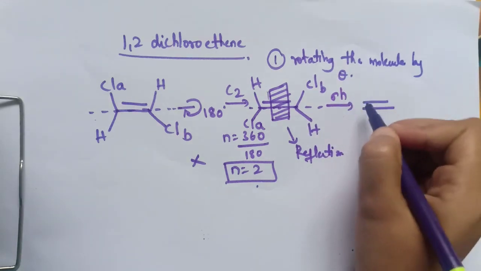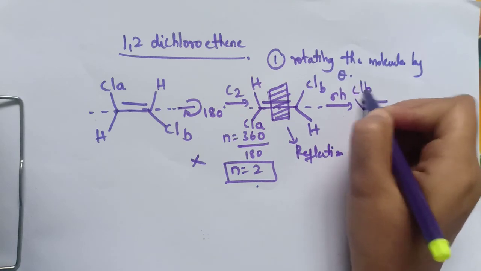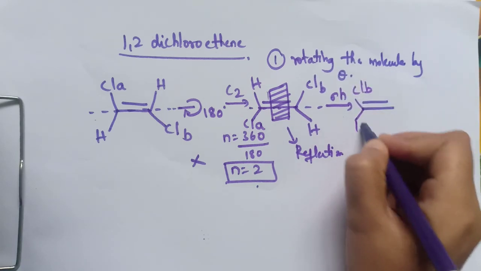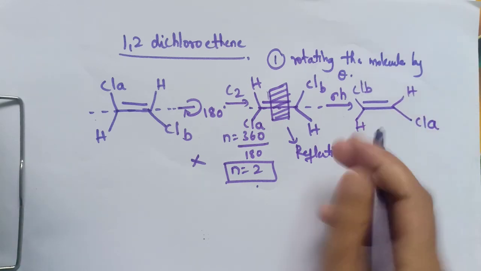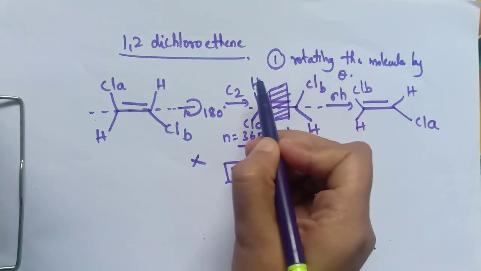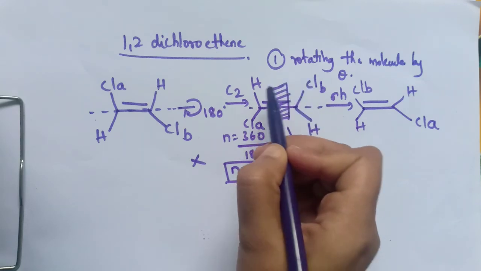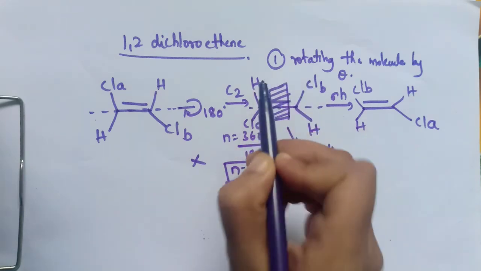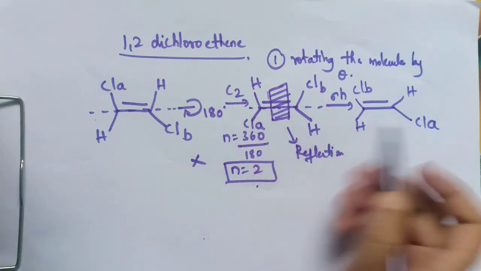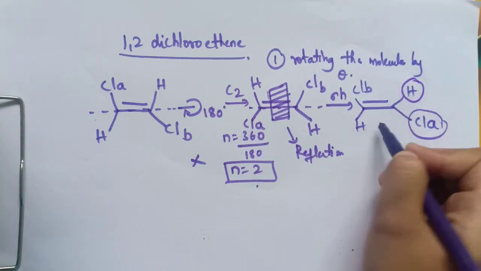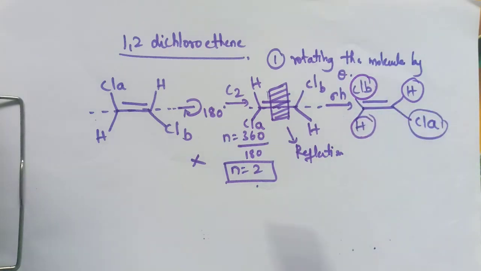This Clb and here is H, here is H and here is Cla. This Clb after reflection is seen here and this H will be seen here and this H is seen here and this Cla is seen here like this. So compare these two. Compare this first one and this one.